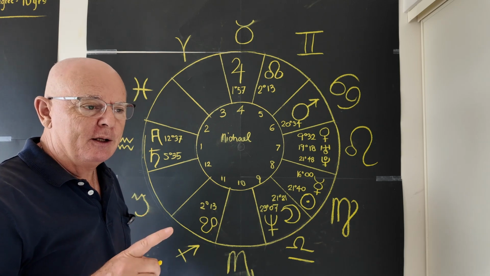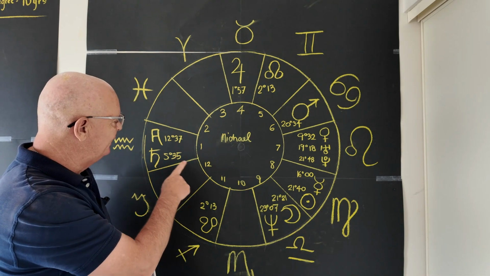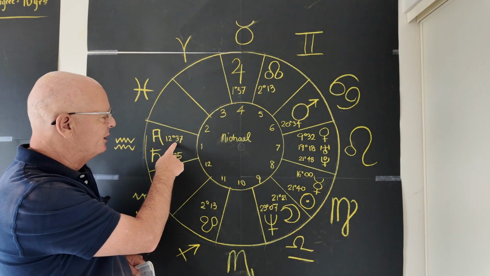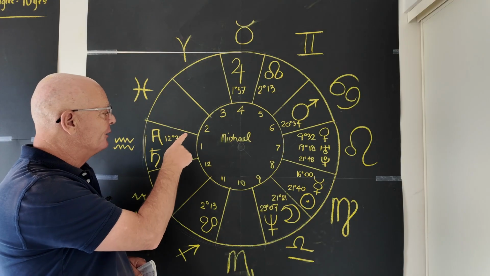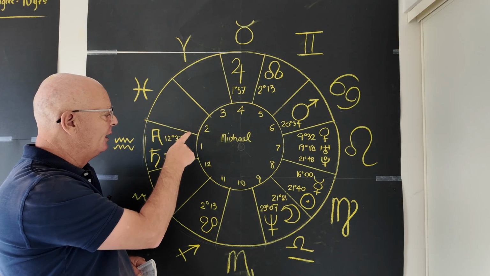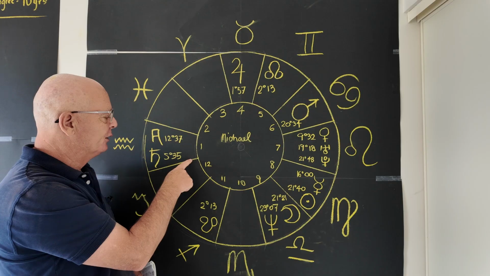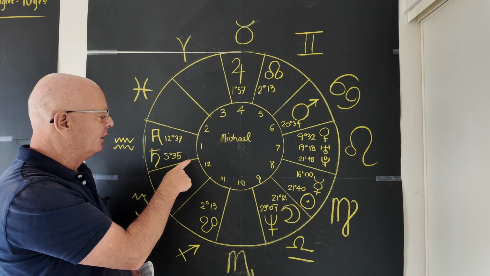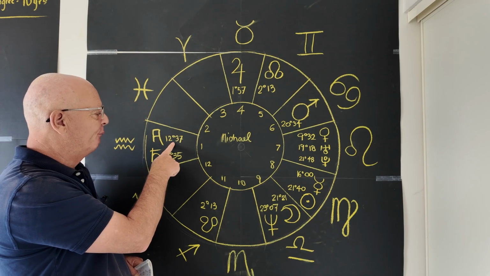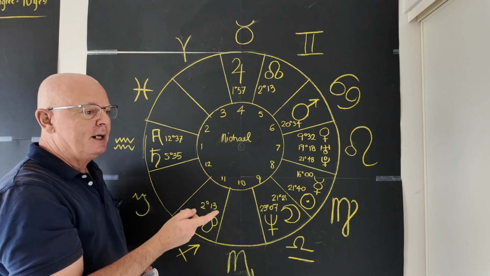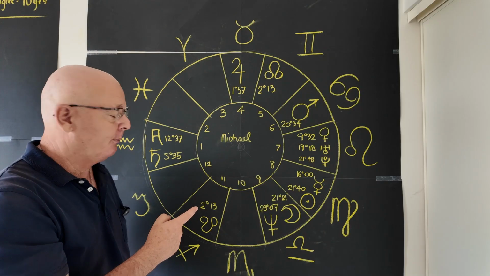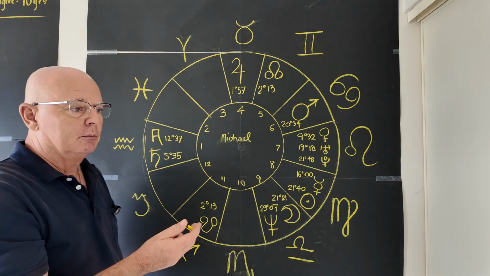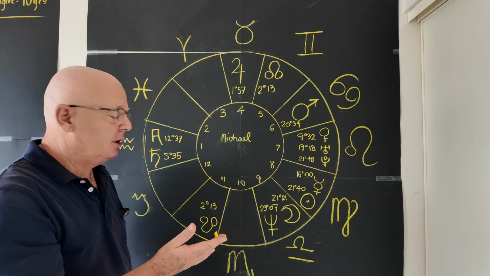But while this is the most effective point in every house, 12 degrees 37, it's not the boundary. The boundary of every house is 0 degrees of the sign to 30 degrees of the sign. These are the boundaries of the sign. This is the most effective point. So it's a mixture of whole signs and equal houses. And it works. That's all you need to know.